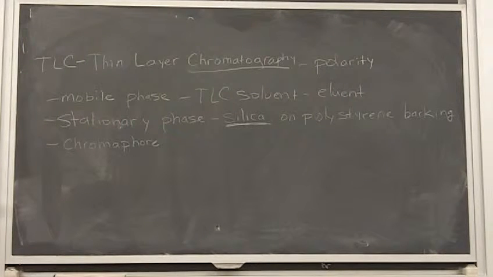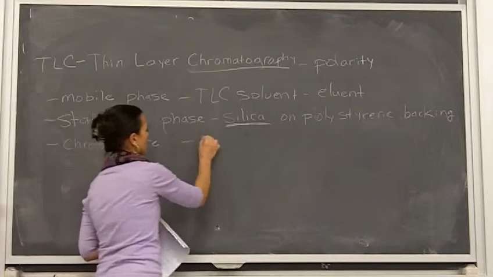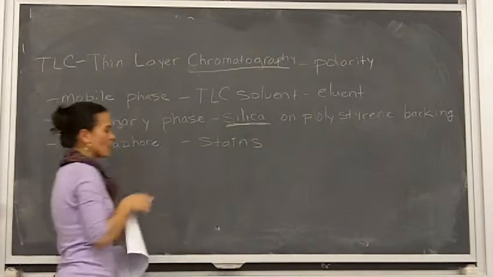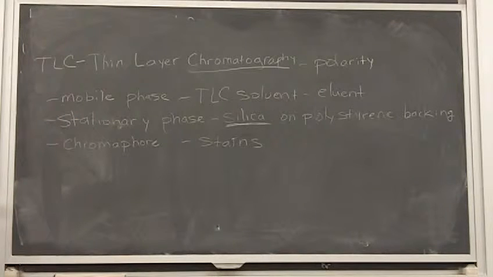So you guys are fortunate that your N-phenylmaleimide has a nice aromatic ring on it. Aromatic rings are very visible with UV light. So we're going to be able to use UV light to see what's going on with your TLC plate. Otherwise, if you didn't have a chromophore, you can use things called stains that can help you see what is on that TLC plate if you can't see it under a UV light.